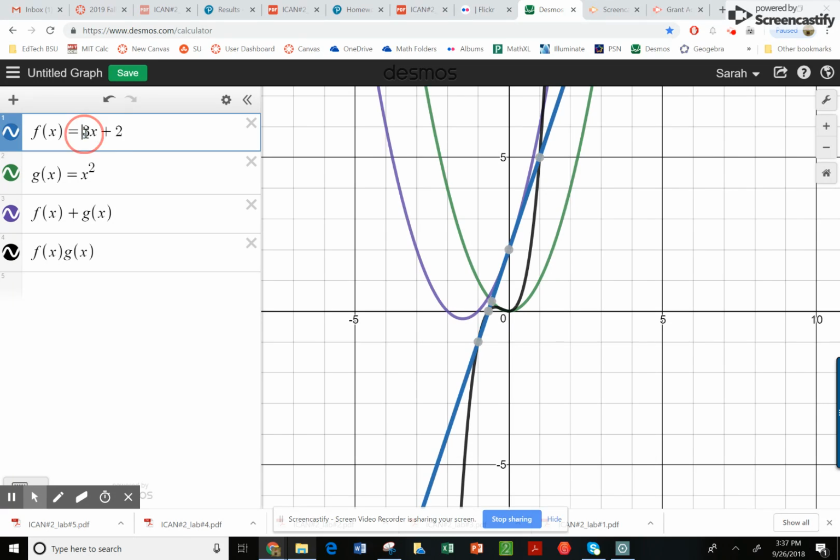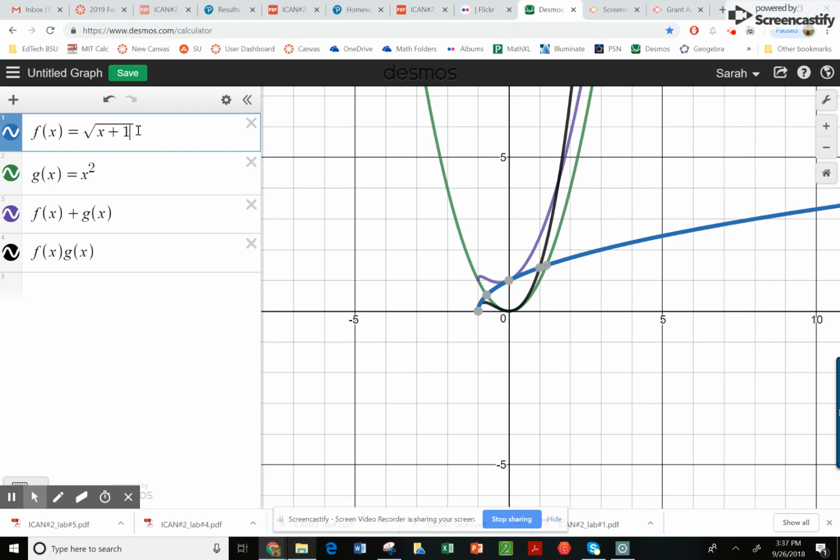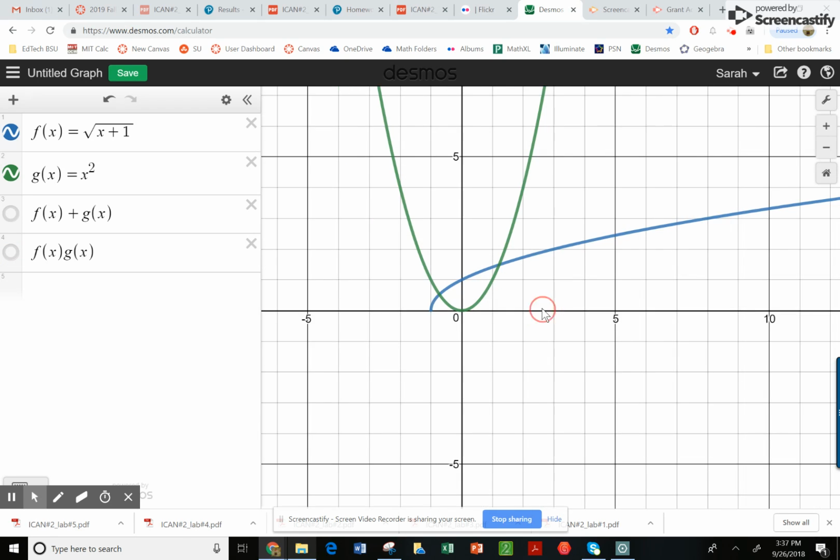Let's use something that has like a domain restriction, like the square root of x plus 1. Okay, so x squared is just a parabola, and the square root of x plus 1 is a square root function.